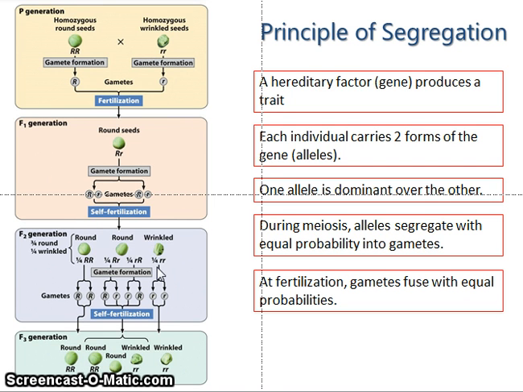Now, what about the 1:2:1 ratio, where we have one dominant homozygote, one recessive homozygote, and then 2 heterozygotes? Well, the 2 heterozygotes are actually not exactly the same, because one heterozygote got their big R from mom, while the other heterozygote got their big R from dad.